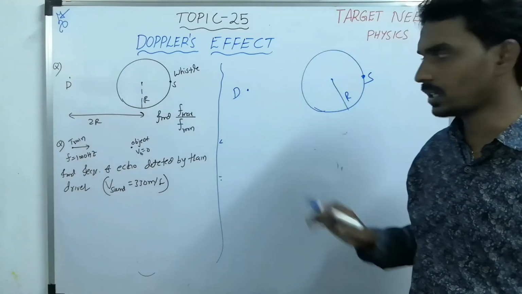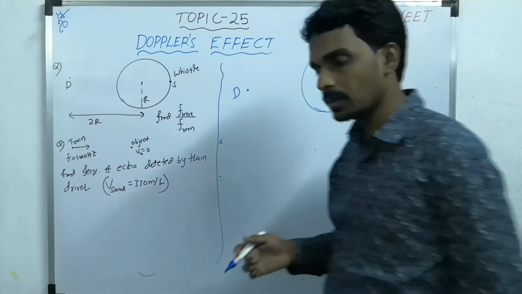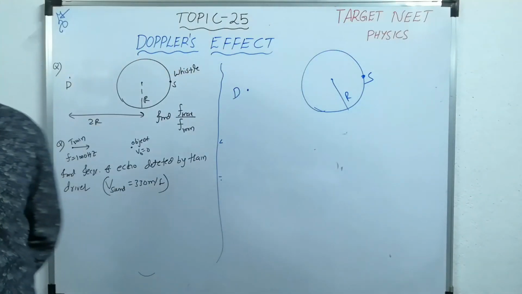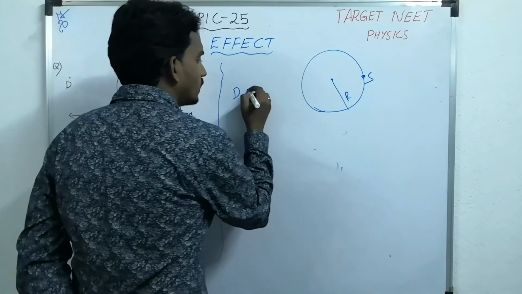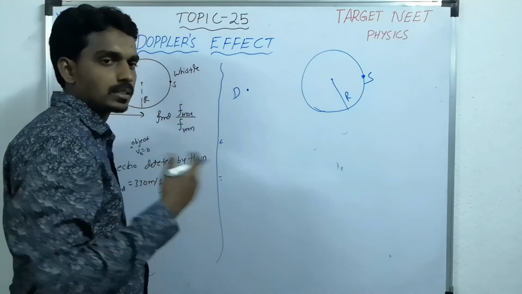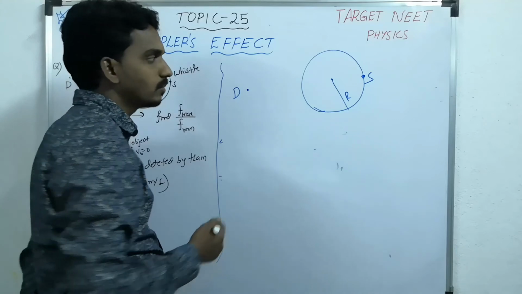The first question is at what point it receives maximum and at what point it receives minimum. That is an important thing you need to understand on your own. Think logically: when the source approaches, maximum; when the source recedes, minimum.